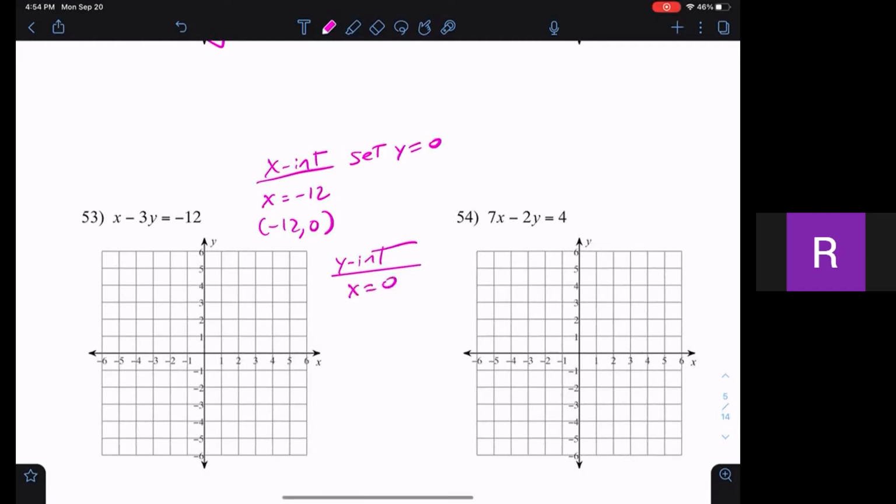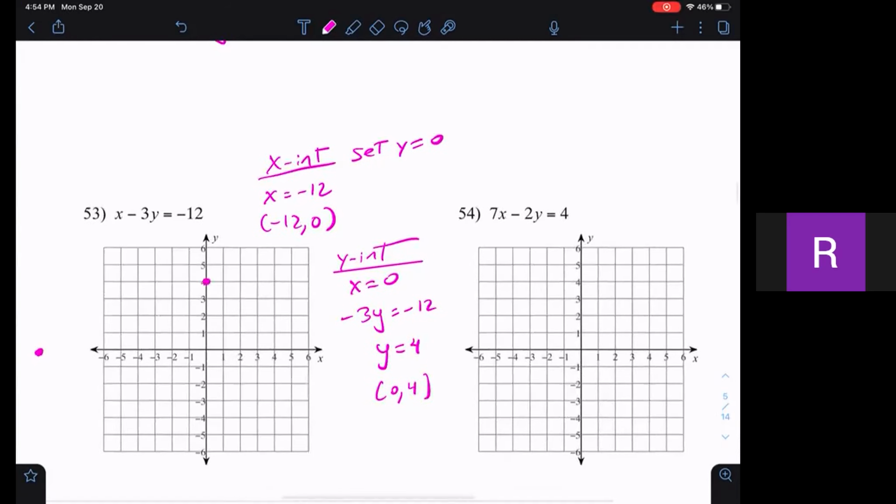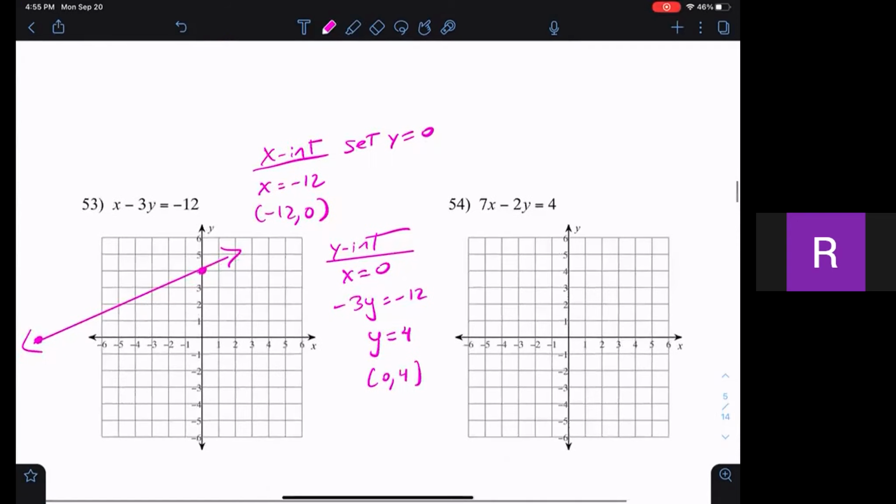So that means this is -3y equals -12, y equals 4. So this is (0, 4). So now you can do (-12, 0). Well, that's somewhere around here. And then (0, 4), 0 for x, 4 for y. So that's a y-intercept. You trace this line and you see the pattern, right? Same thing here. You can do the same method that I did here.